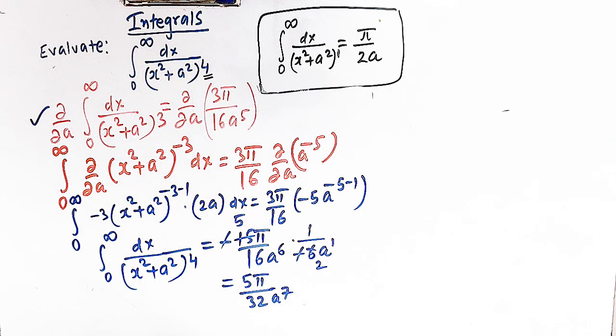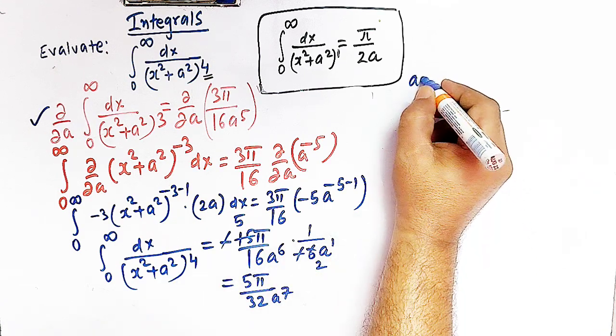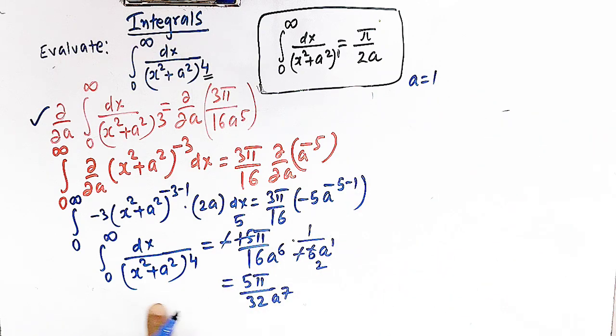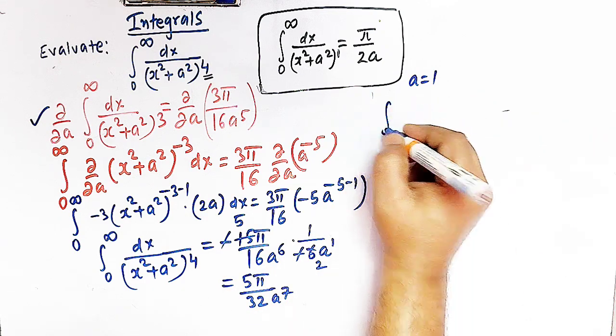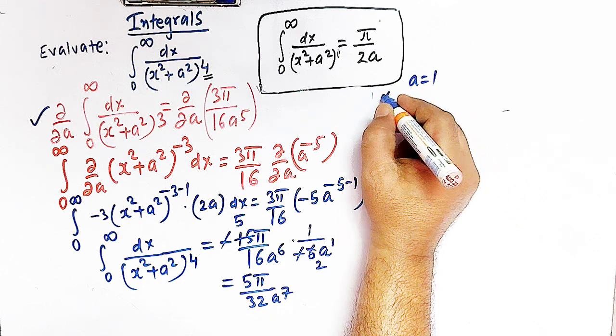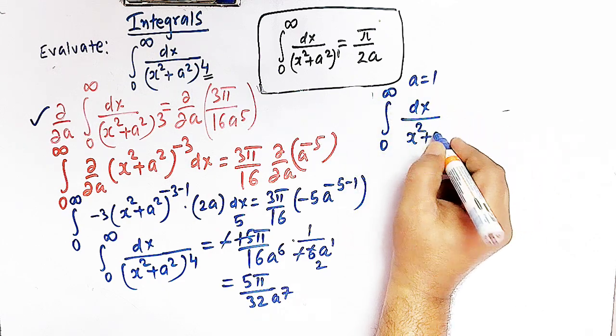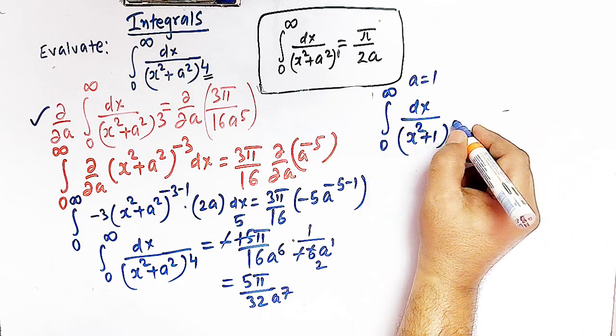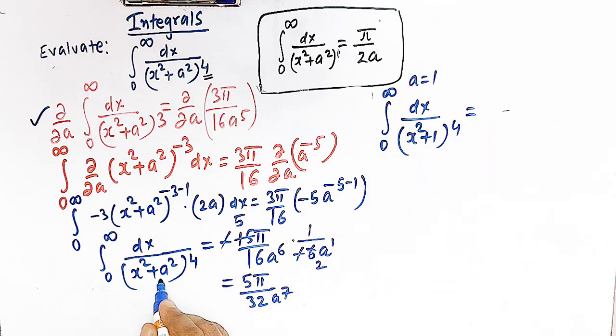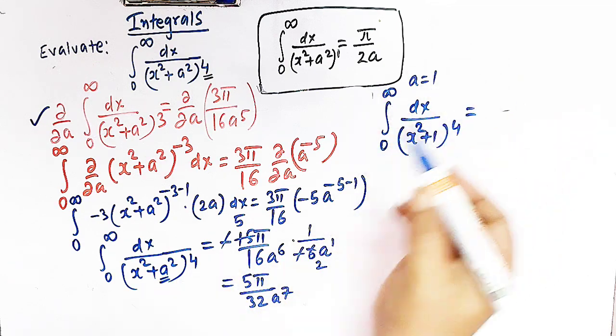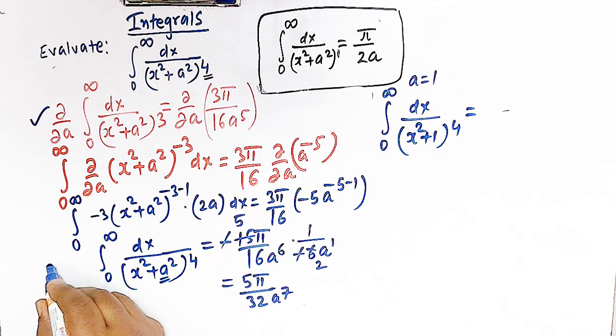So here we can also deduce some important results. Now see, if we take, say, a is equal to 1, then we can have a special case, that is the value of the integral 0 to infinity dx over (x square plus 1) raised to 4. So taking a is equal to 1 as a special case, a square is 1 square, that is 1.